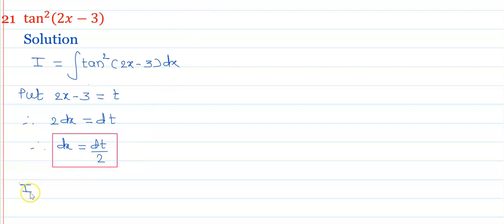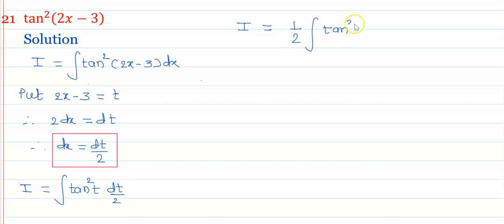Therefore, our integral I is equal to the integral of tan square t into dx. The value of dx is dt upon 2, and hence this I is equal to 1 upon 2 integral of tan square t into dt.